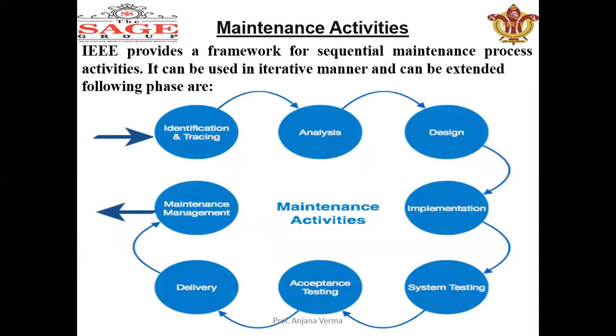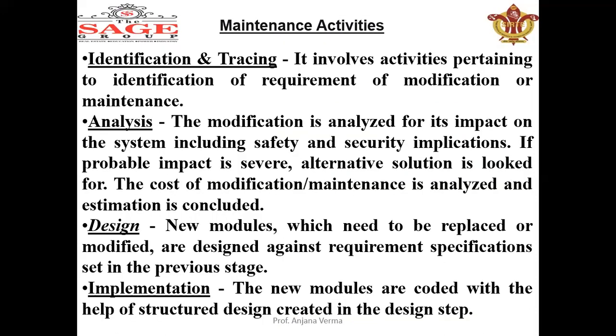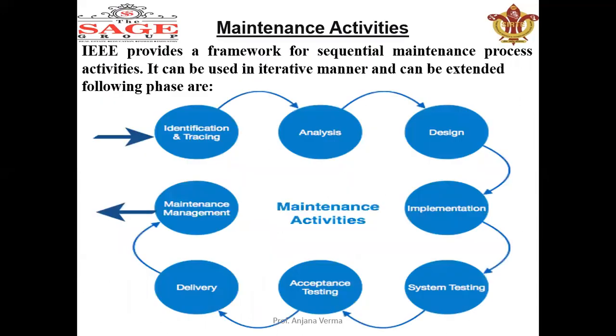After that, you analyze this. Are there many solutions or only one solution? Which solution is cheaper? Like this, you analyze it, then you design it. What new module should be added, what module should be modified, or deleted, or corrected? These are the requirements for designing, and then you implement it.